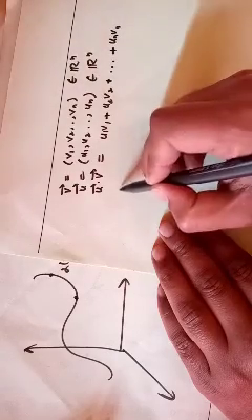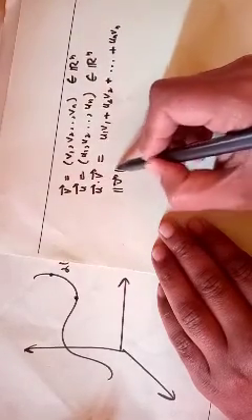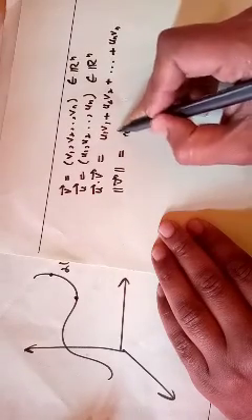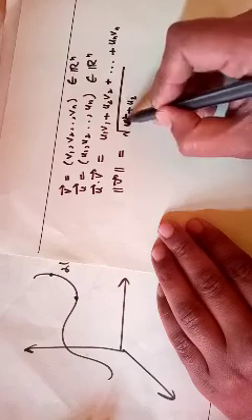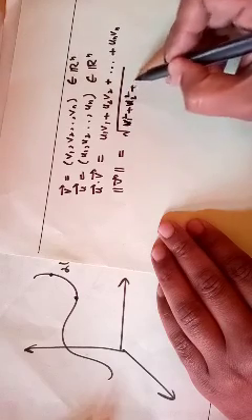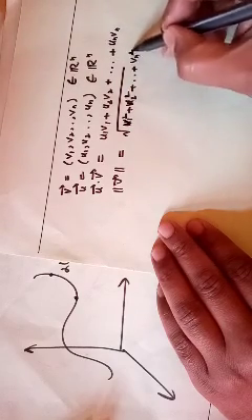And the length of any vector v is basically the square root of v1 square plus v2 square, so on and so forth.